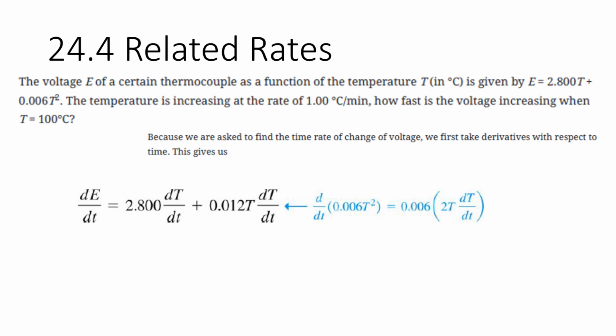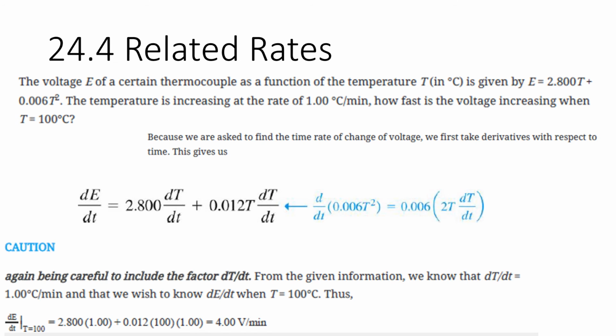That gives me 2.8 times the rate of change of temperature over time, plus 0.012 times the temperature times the rate of change of temperature over time. So basically I took the derivative with respect to time, but I left in the dT/dt, the change in temperature over time, next to each one. Why?